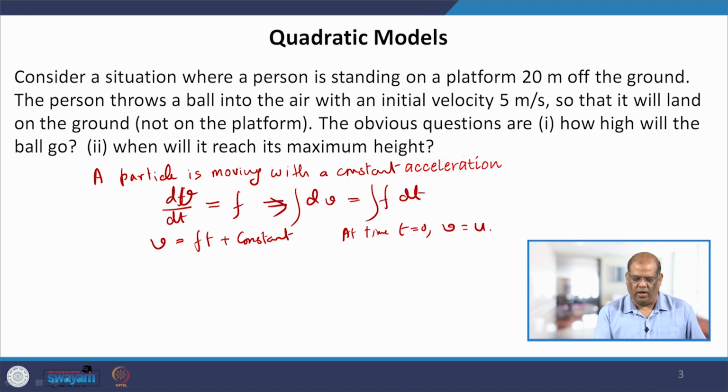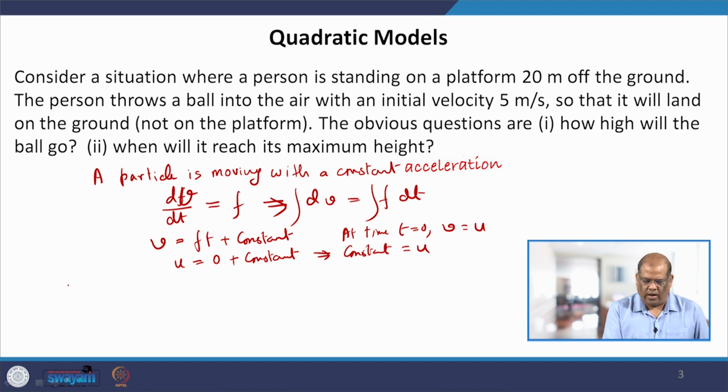You substitute it here and you get u equal to 0 plus constant, which gives the value of the constant to be u. So, you get your equation v equal to u plus ft.